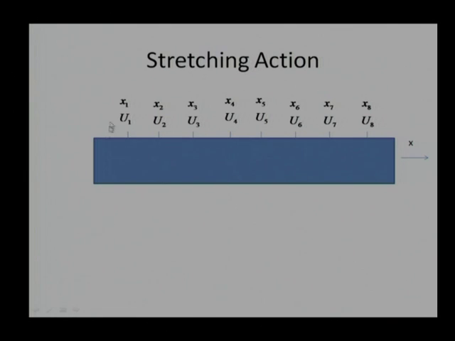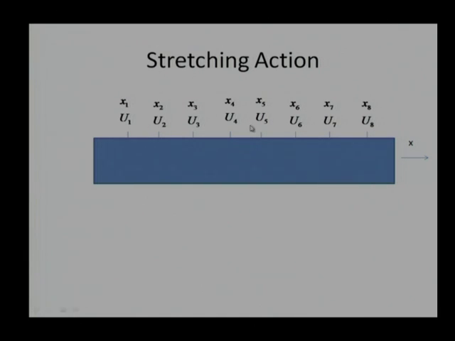If I take different sections, the plate at section x1 has a velocity u1, the plate at x2 has velocity u2, the plate at the x3 position has a velocity u3. Similarly, the plate at x8 has a velocity u8.